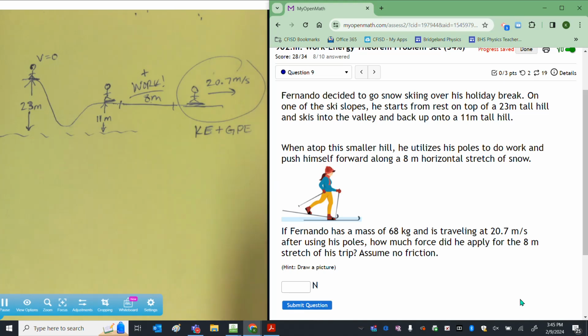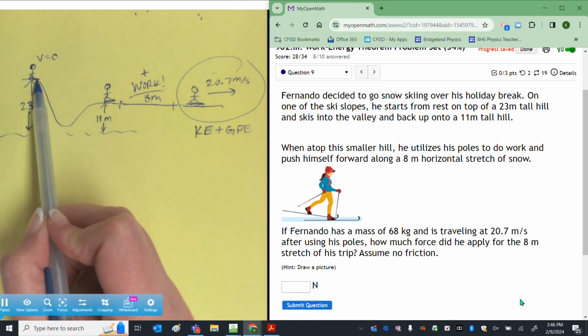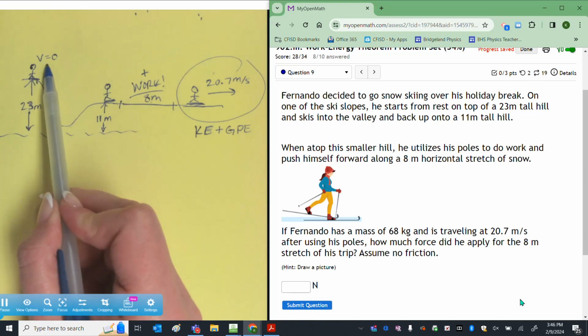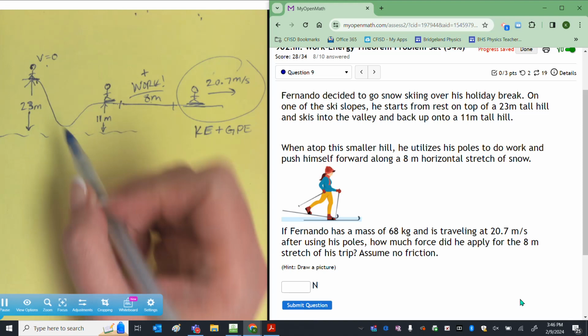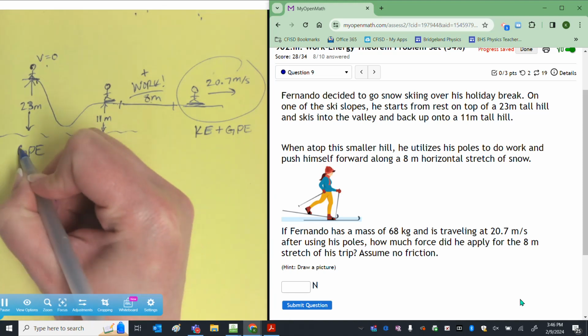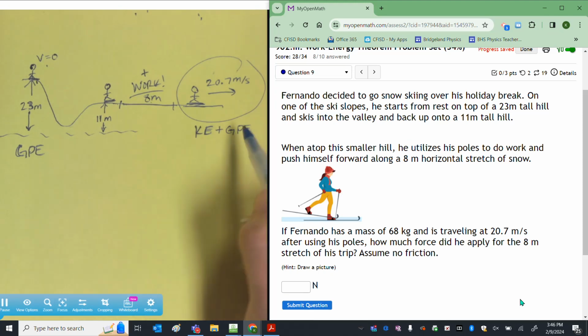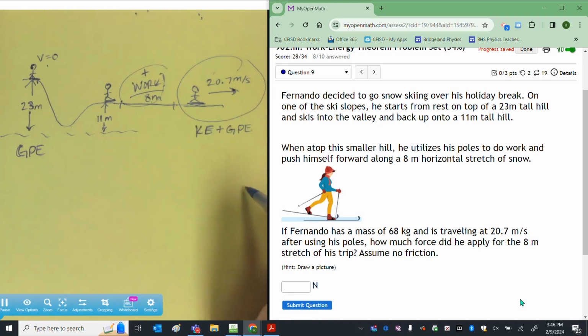Initially, when he starts here, he has no velocity, so he doesn't have any KE, but he does have height, so he has GPE initially. We just said a second ago that this energy he has here is more than it would be if this hadn't happened. Because this happened, we have to add it in.